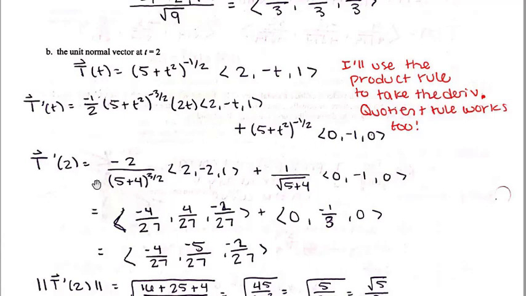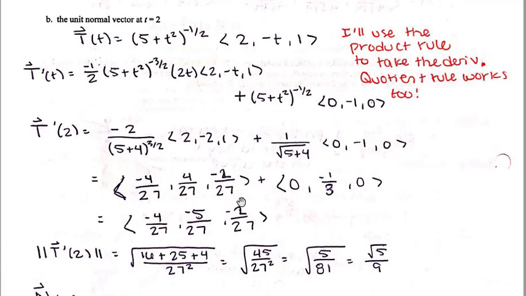So when I plug in 2, I'm getting this for the first part of my equation, this for the second part. I put those two together, add them together, getting a common denominator, and I get -4/27, -5/27, -2/27. That is what's going to go in the numerator of my normal vector at 2.